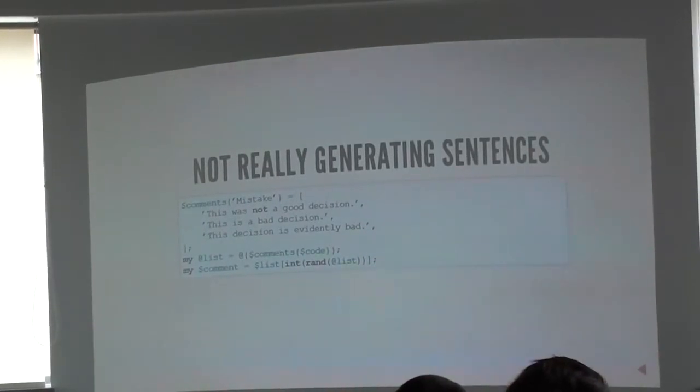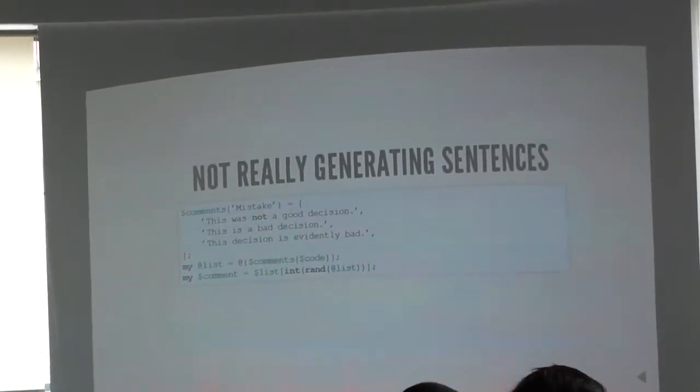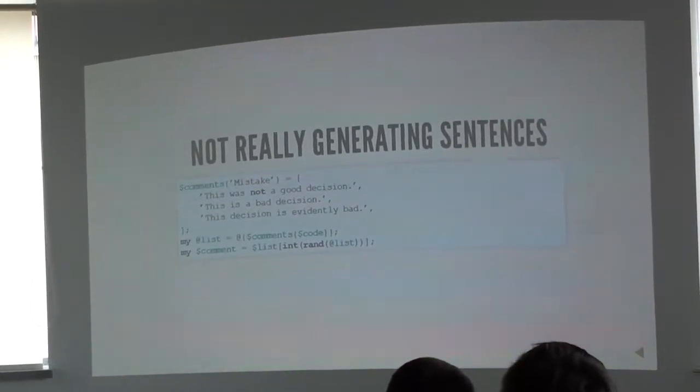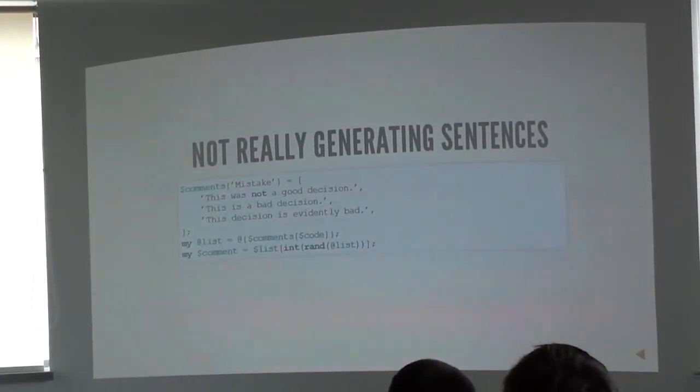So, a trivial example of generating text is simply choosing a sentence at random from a set. For example, this example is from a program that generates text commentary for a chess game.